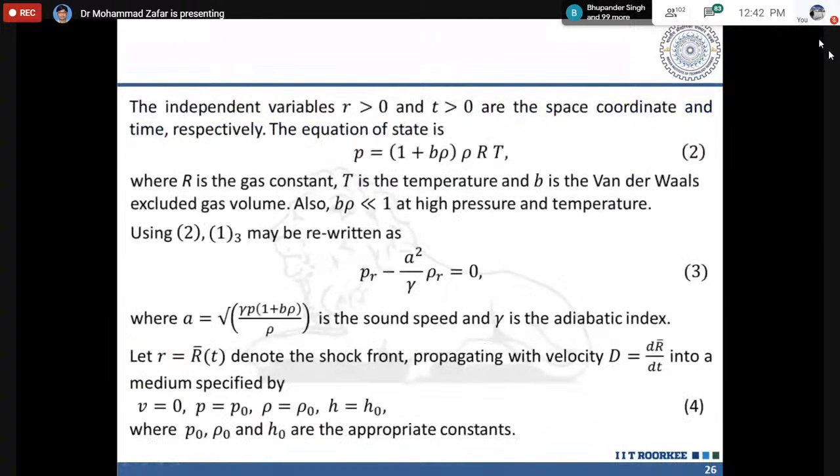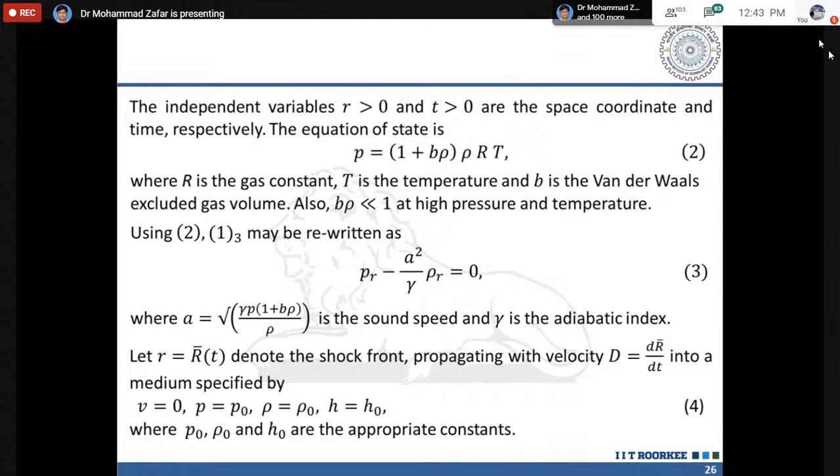Yes, proceed to the next slide. Just to see some physics of this, we have used the equation of state given by number 2: p is equal to (1 plus b rho) rho R T. Also, the independent variables are r and t, both positive. The r is the space coordinate, and t is the time here. And r is nothing but the distance measured from the axis, because this is cylindrically symmetric. So there must be some axis, and from that axis we are measuring this distance r, which is greater than 0. Time t is also greater than 0. Okay.